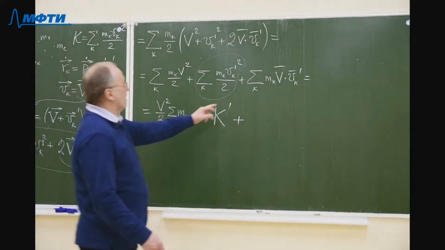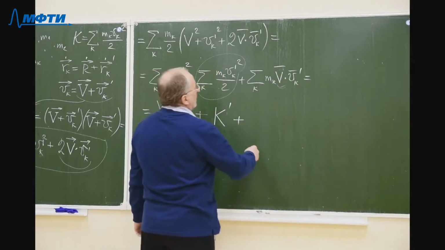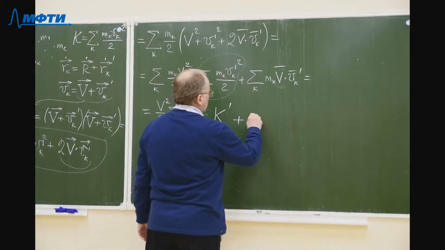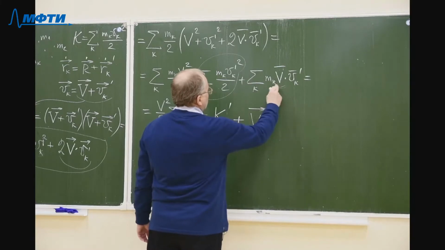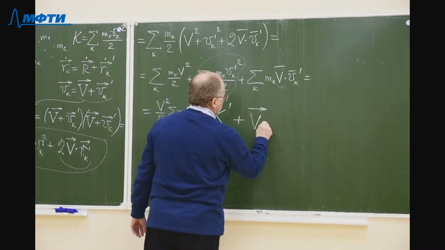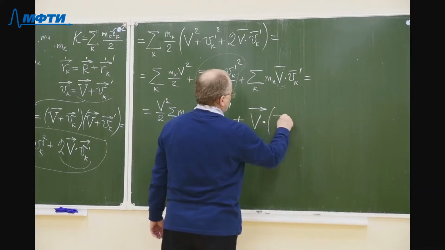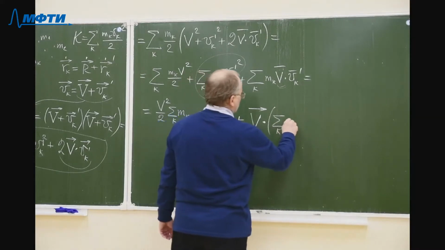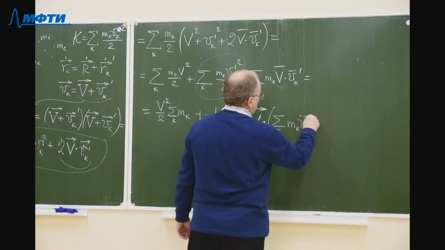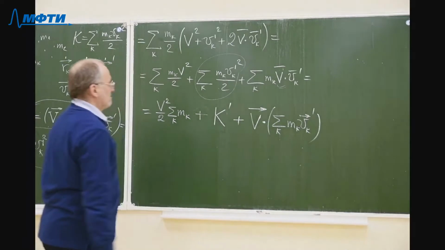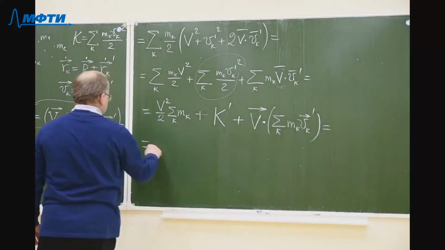And what remains is this sum. Again, vector V is constant, and so I can take it out of the sum. I can factor the sum by vector V, and I will have V scalar product by such a vector which is the sum of many vectors Mk Vk vector prime. I continue these calculations.